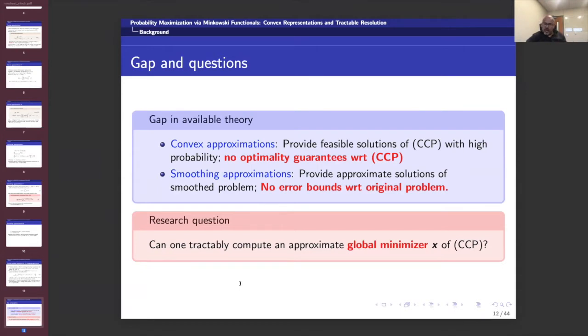You provide approximate solutions of the smooth problem. Again, there are no error bounds with respect to the original problem. And so our effort was motivated by the need to compute an approximate global minimizer of the original problem. Not in its full glory, but we're going to look at subclasses of these and then talk about how we can introduce extensions.